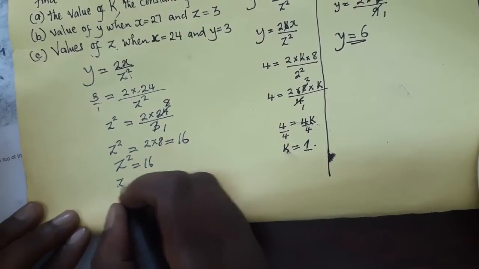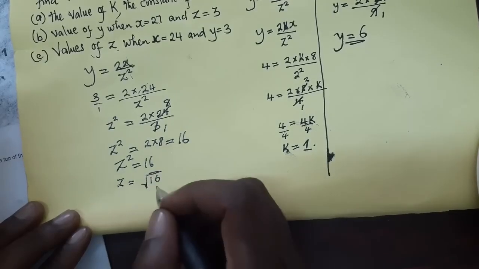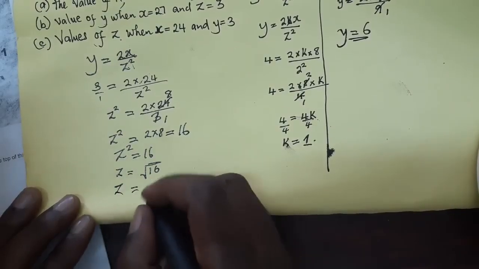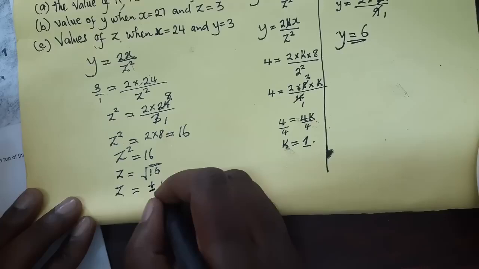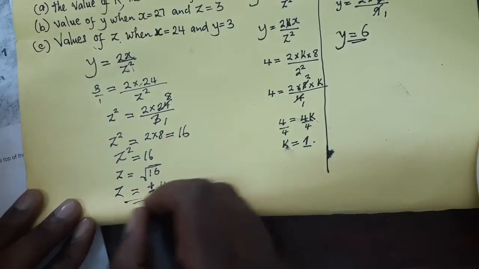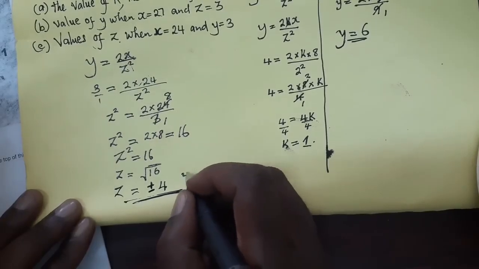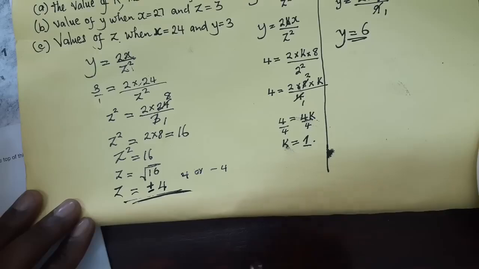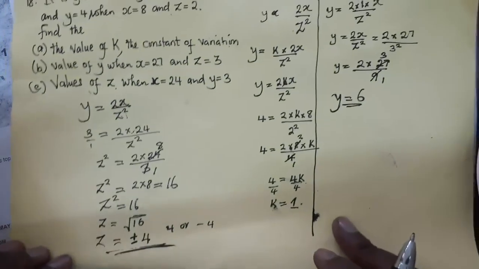So we're going to say z is equals to the square root of 16. Therefore, z is equals to positive or negative 4. It's going to have two values. Okay? 4 or negative 4. All right. That is what we're going to have as our answer.